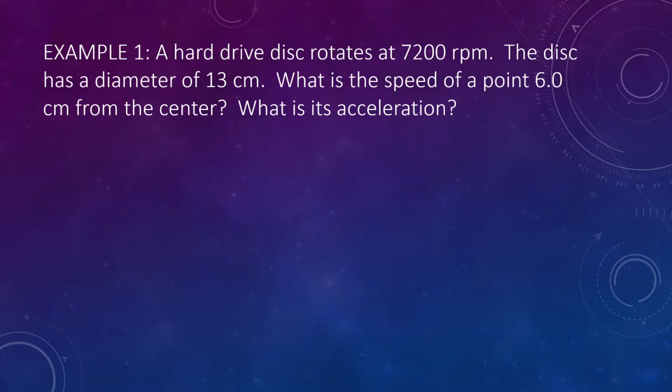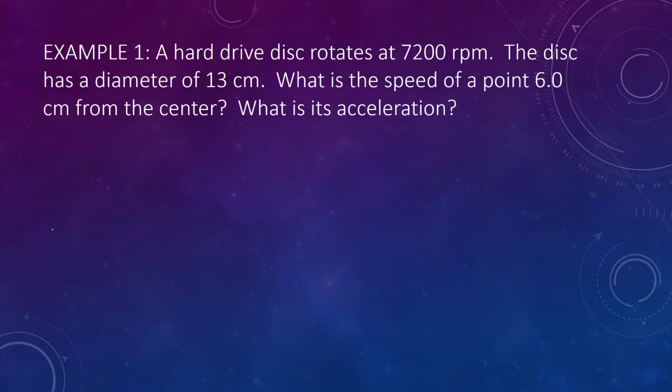Granted, today in the year 2021, a lot of us are shifting to solid-state drives, which don't have a rotating disk, but still, most normal computers have at least one of these hard drives in them. We're also told that the disk has a diameter of 13 centimeters, and it asks what is the speed of a point that is 6 centimeters from the center, and then what is its acceleration.